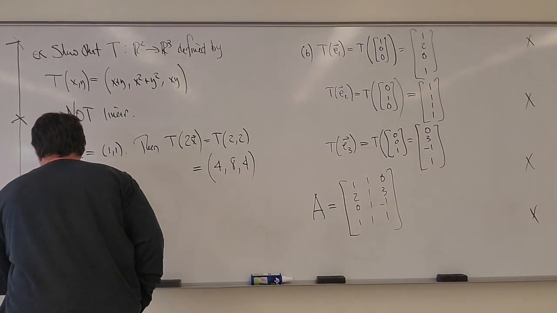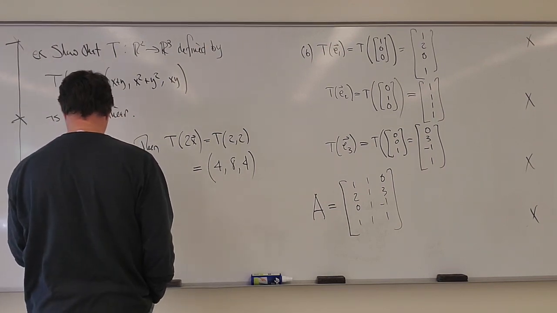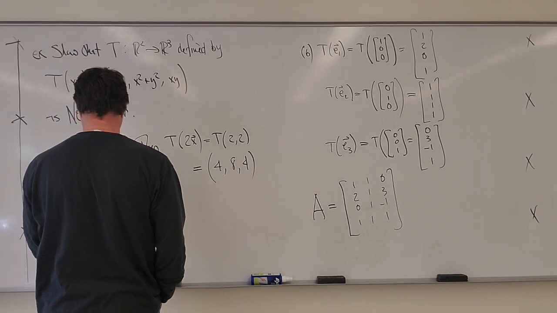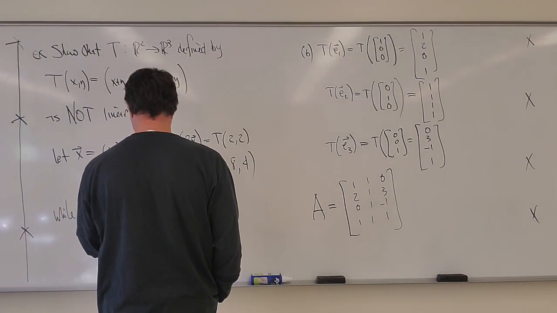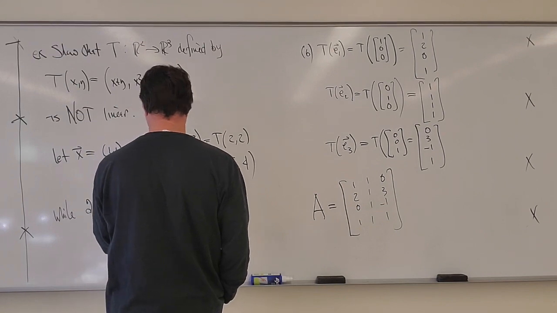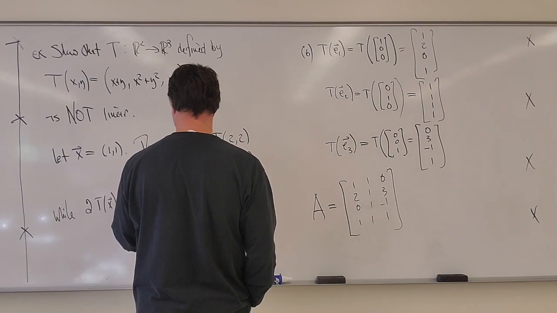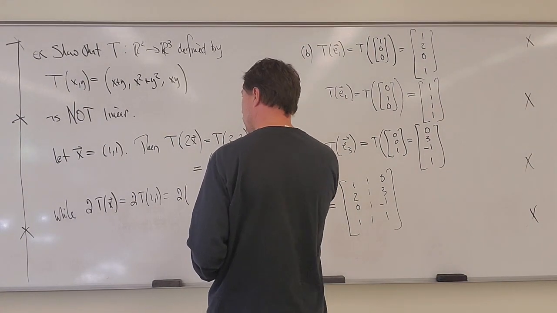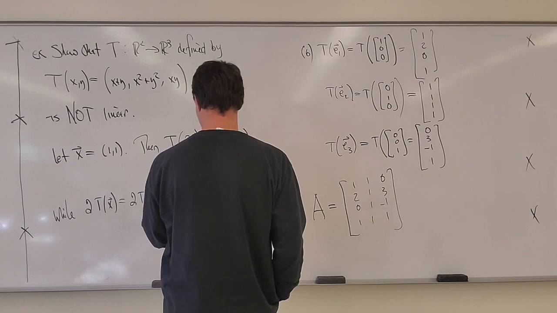While, if I look at 2 times T of x, well, that would be 2 times T of 1, 1. So that will be 2 times, let's see, T of 1, 1 is going to be 2, 2, 1.